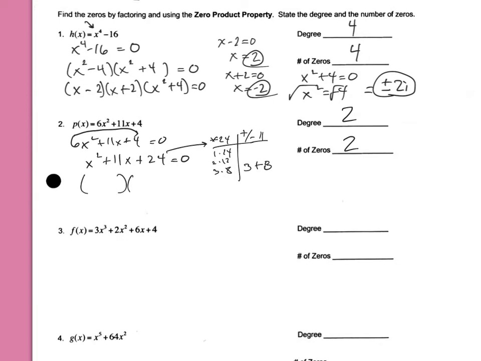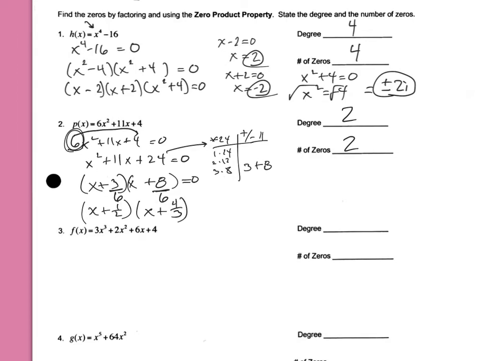So we know x and x, and we already did all the numbers, so we know it's plus 3 and plus 8. Now remember, the key to this, since we messed it up by multiplying by 6, we have to turn around and divide by 6. Just the numbers. So this is x plus 1/2, and this is x plus, when we reduce this, 4/3.